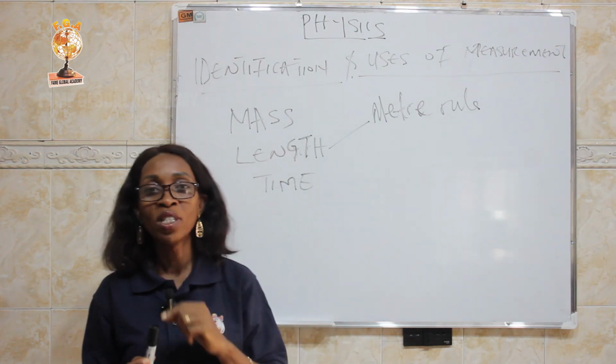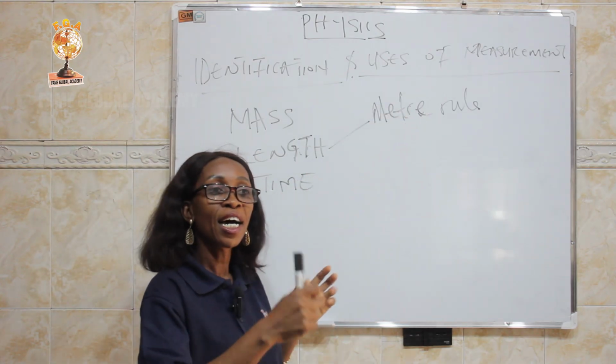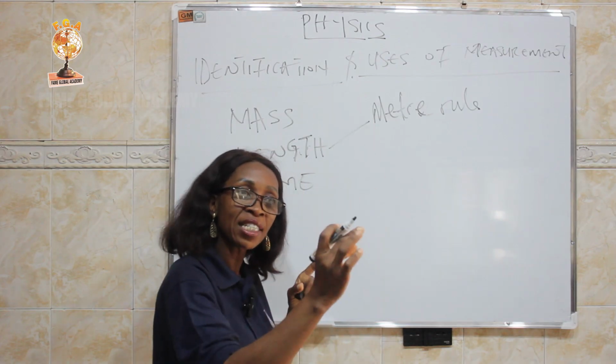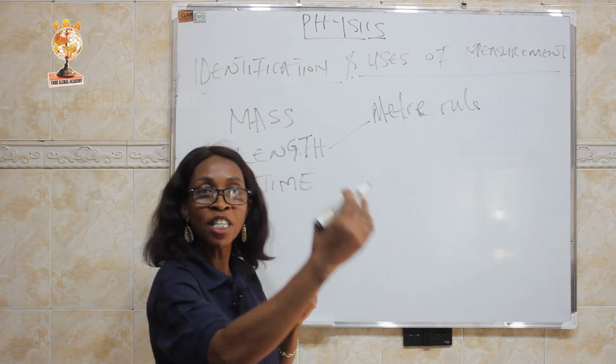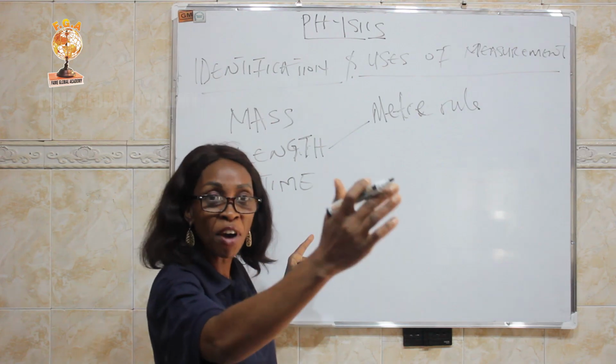Now, let's go on. The meter rule is on the board there. It has 5 small lines before the very thick line, ranging from 5, 10, 15, 20, 25, until it gets to 100. It's quite big.